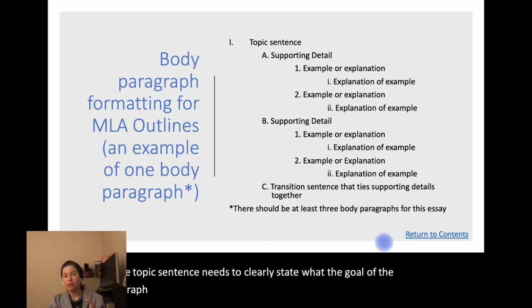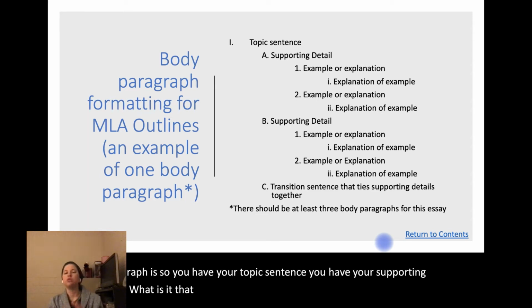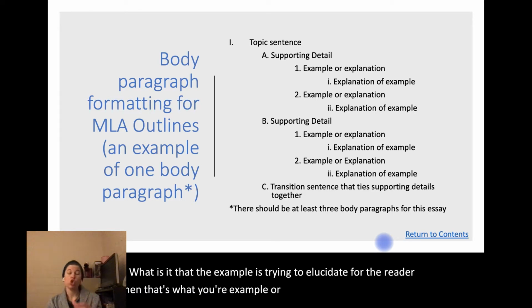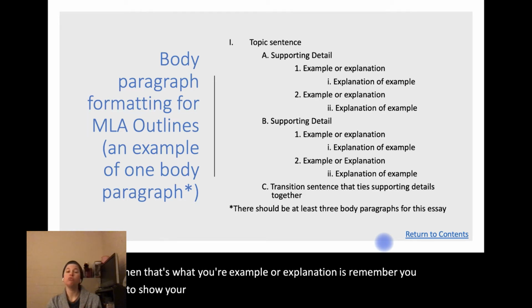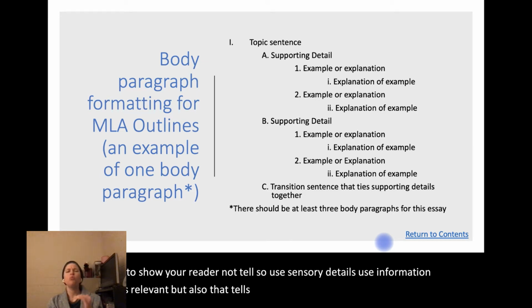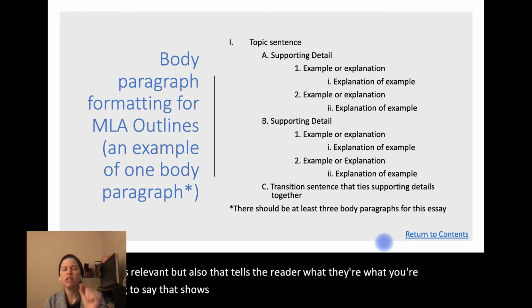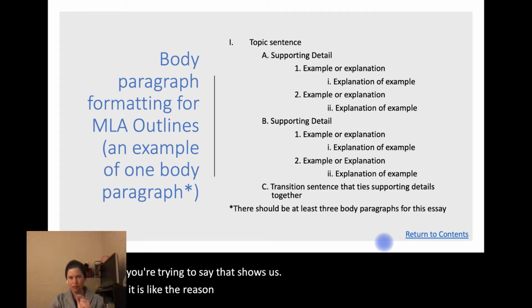So you have your topic sentence, you have your supporting detail. What is it that the example is trying to elucidate for the reader? And then that's what your example or explanation is. Remember, you want to show your reader, not tell. So use sensory details, use information that's relevant, but also that tells the reader what you're trying to say, that shows us the reason that you believe this thing.